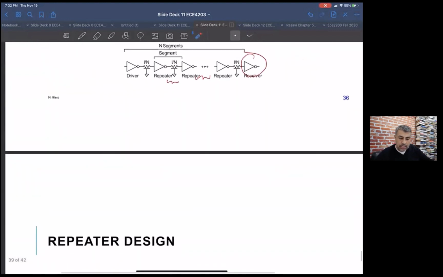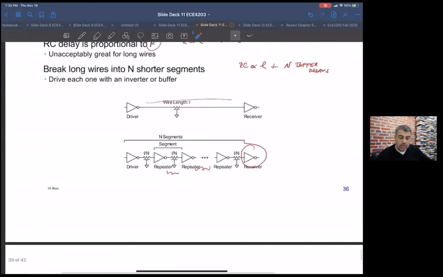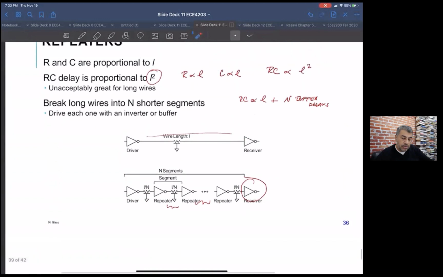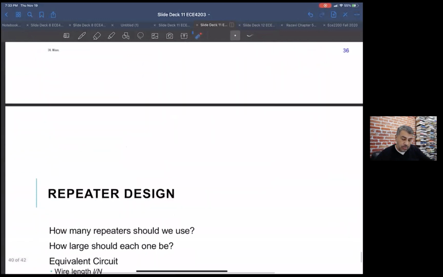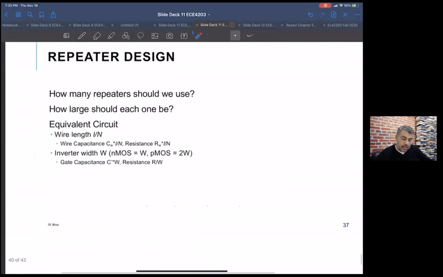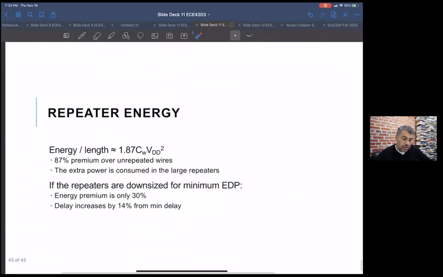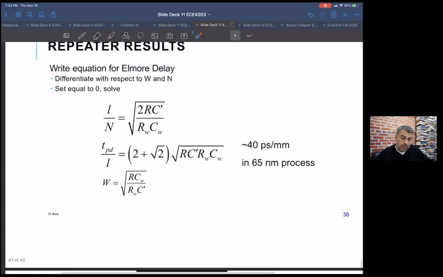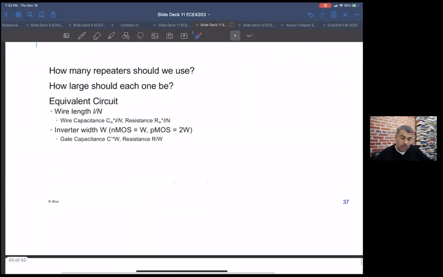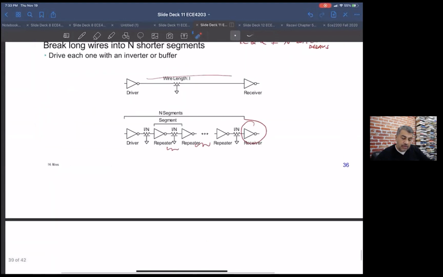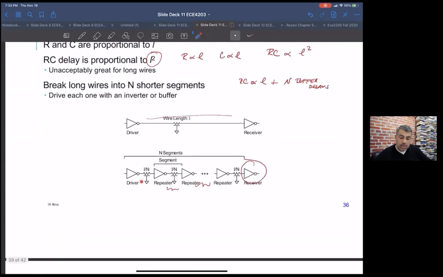But the upshot is it is favorable to break long lines up and to put repeaters in between. And it turns out that these are sort of how it's calculated. You do pay in terms of energy, so power consumption, because you have added inverters, but you gain in speed.